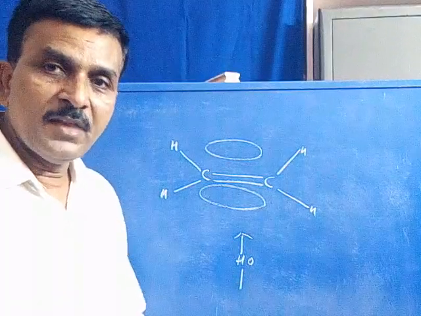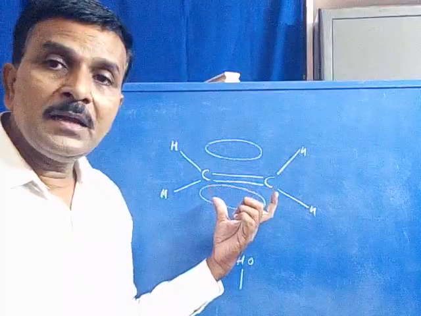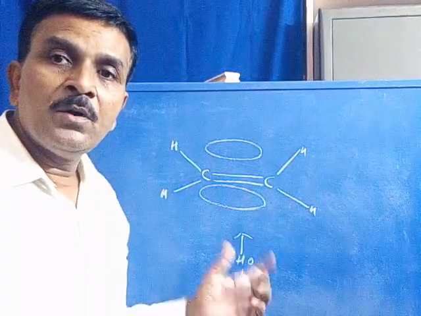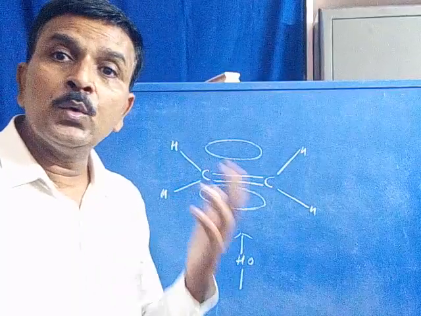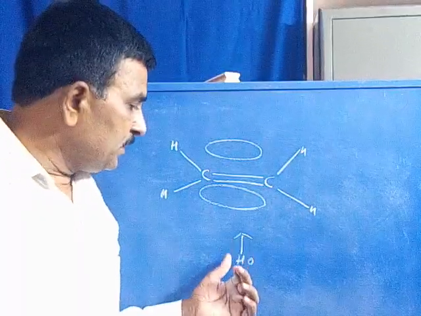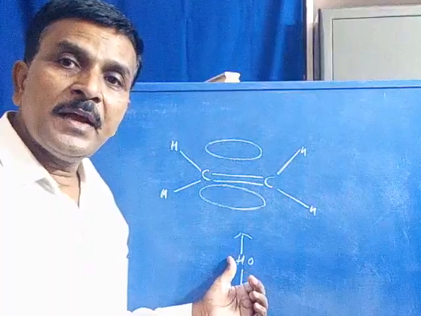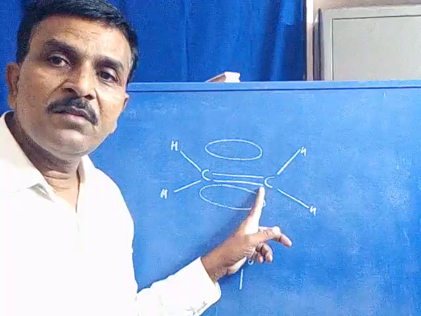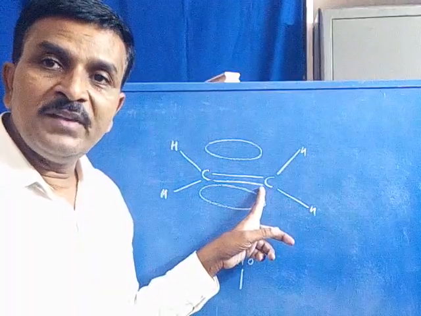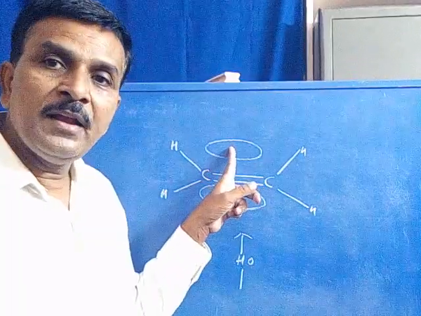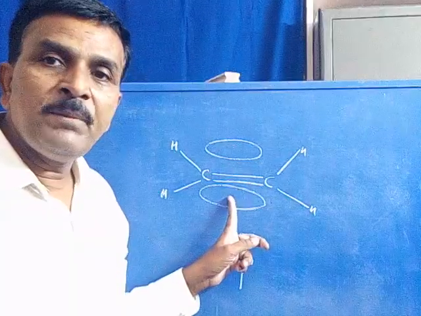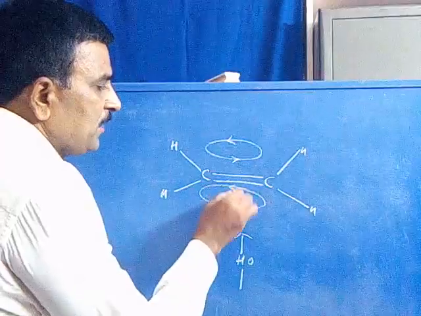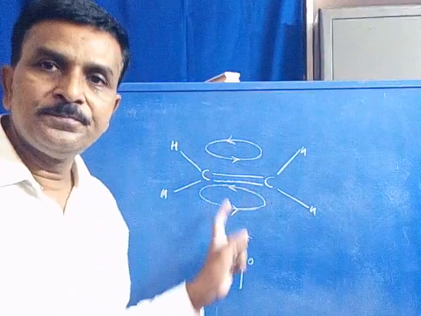Is it clear? That is, because of its planar nature, the external magnetic field will induce the two pi electrons of the alkene group to circulate above the plane of ethylene and below the plane of ethylene. This is the circulating electron cloud.